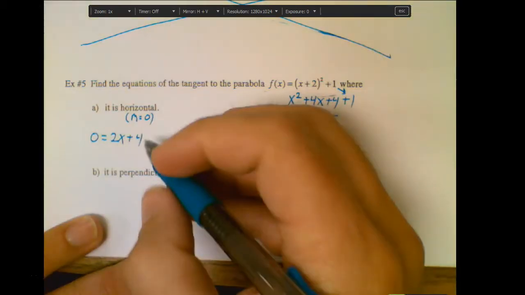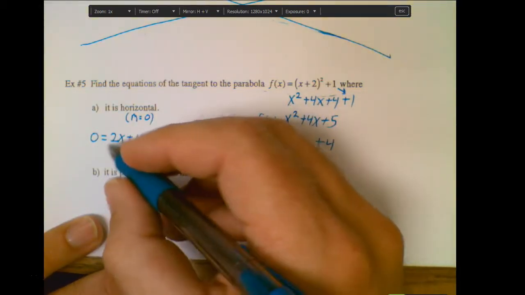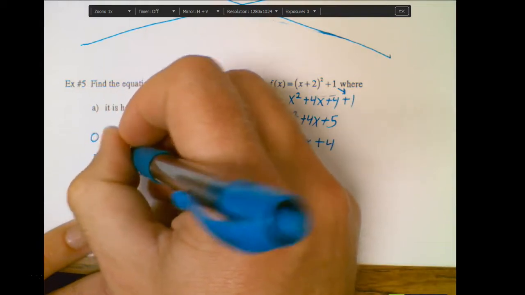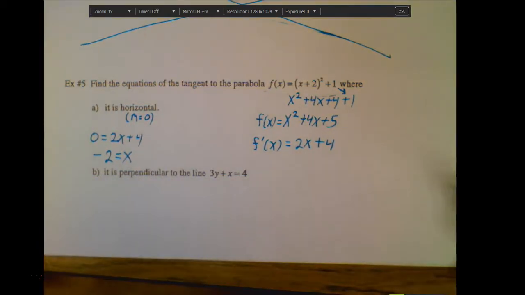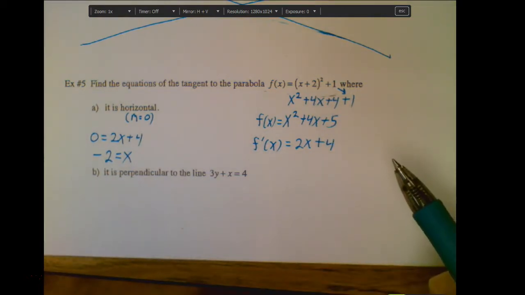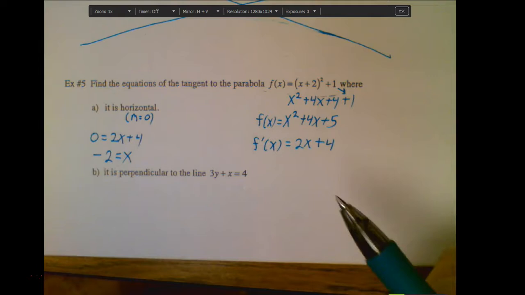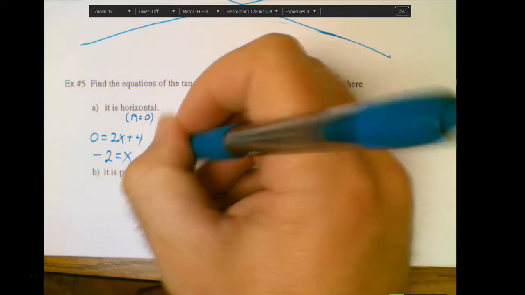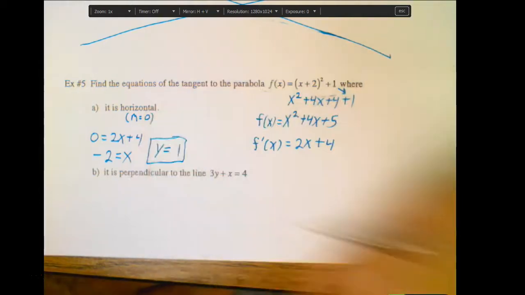And if I solve that equation, I subtract the 4 and divide by 2. Then negative 2 is my x coordinate. And if I plug that into the original function, you get the y coordinate. In this case, if you plug that in, you get a y coordinate of 1. And since it's a horizontal line, that's all you need.